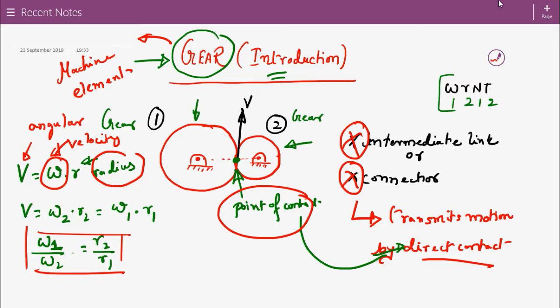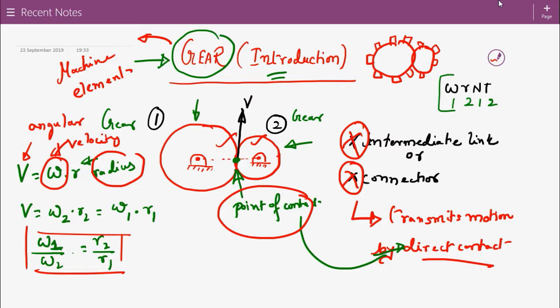It can also be written as, since you know, when two gears meet each other or have a direct contact, it is the teeth, okay, it is the tooth of each gear. For simplicity, we are showing as if there is no tooth on the gear, but in reality there will be some kind of tooth on both the gears, okay.